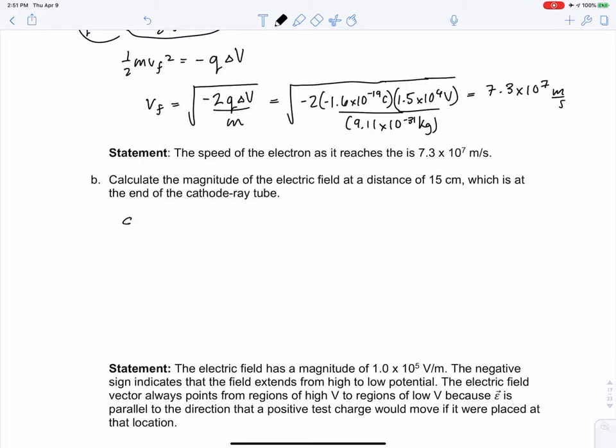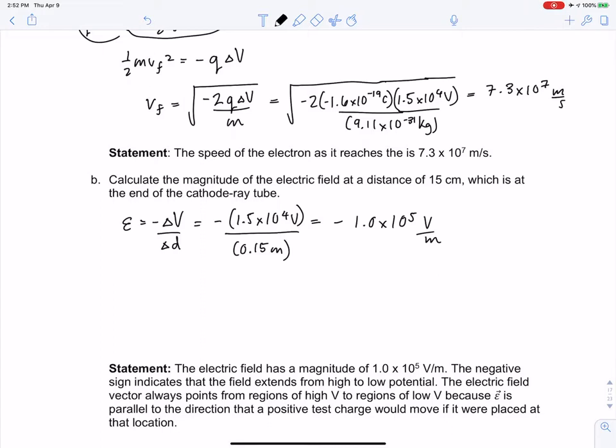So we know that the magnitude of the electric field is equal to negative delta V over delta D. So that is negative 1.5 times 10 to the power of 4 volts over a distance of 0.15 meters. Let's punch this into our calculator. We end up with negative 1.0 times 10 to the power of 5 volts per meter.